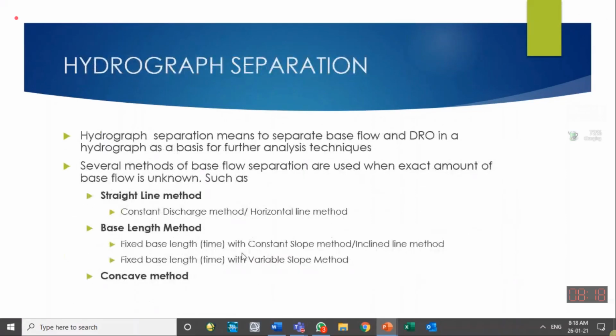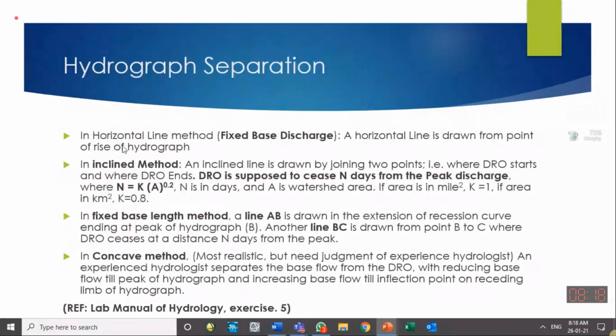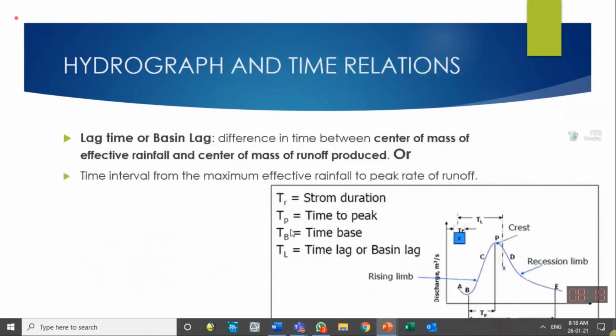The second method is described over here also. In the horizontal line method, with fixed base discharge, a horizontal line is drawn from the point of rise of the hydrograph. If I show it over here, this is the receding limb. In the hydrograph, we see the receding limb when it starts rising up.